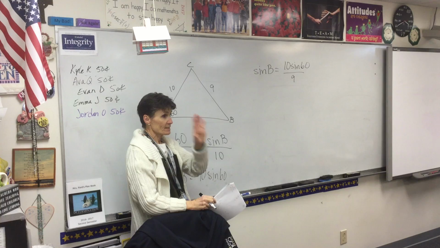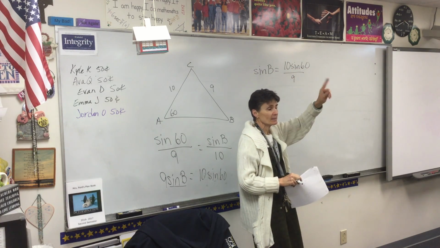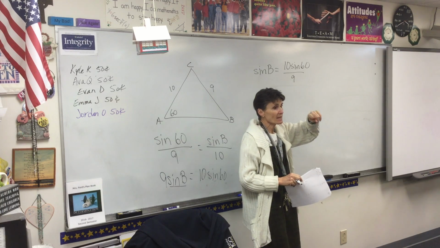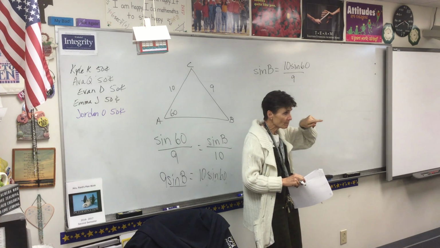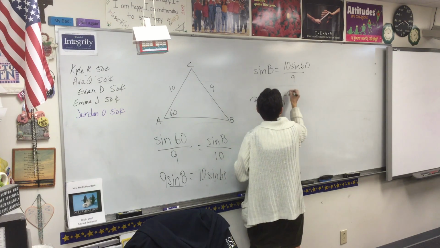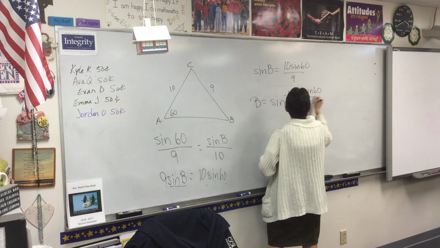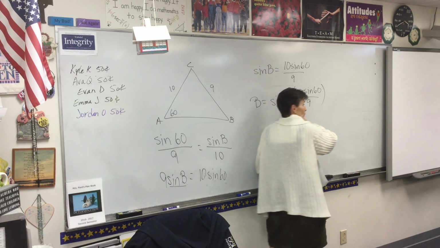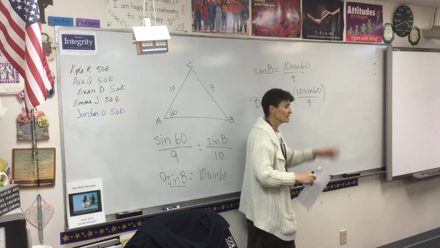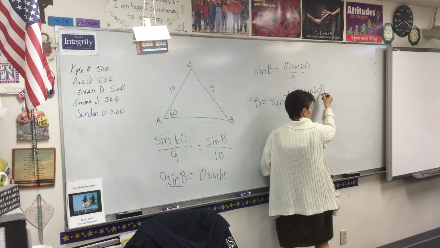Now, you're tempted to type this into your calculator, but don't. It's not going to give you the answer. To get the answer, remember what we have to do? Second sine. So B will be second sine of 10 sine 60 over 9. You do not have to worry about any parentheses. Please do not type any parentheses except this one right here.